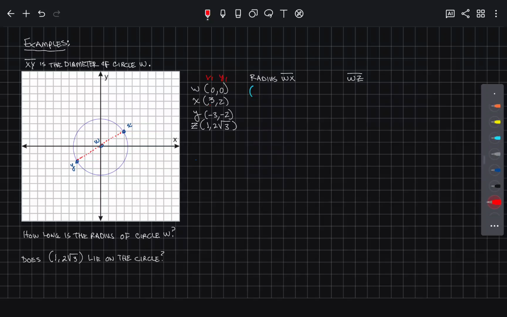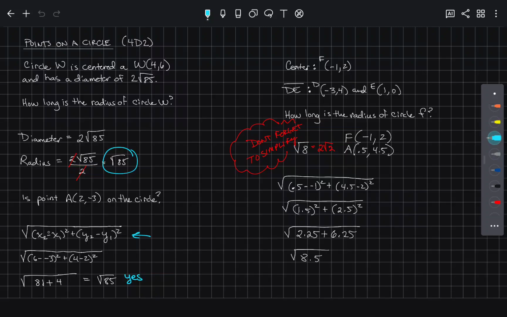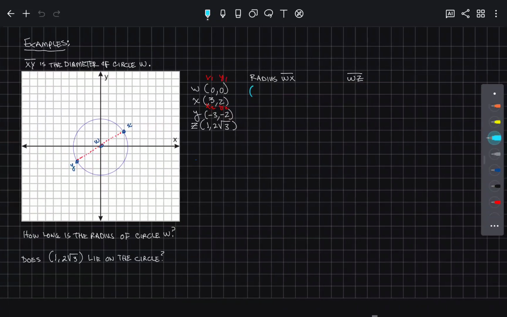X1, Y1, X2, Y2. Okie doke. So now I know that I'm going to be using the distance formula all over again. X2 minus X1 squared plus Y2 minus Y1 squared. So X2 is 3 minus 0 squared plus Y2, 2 minus 0 squared.